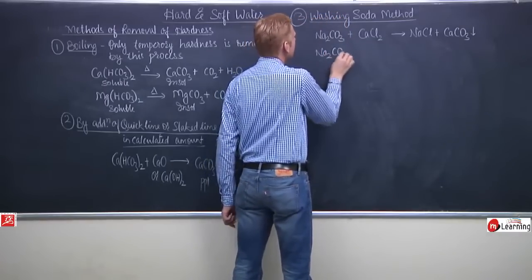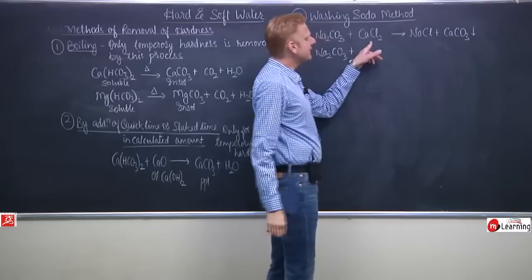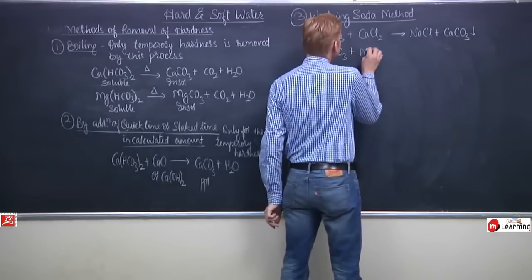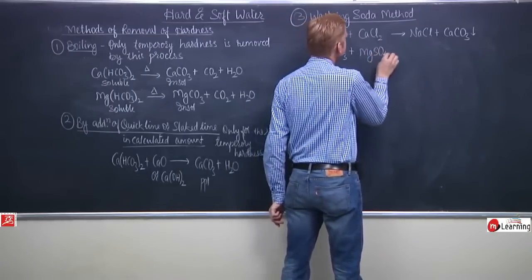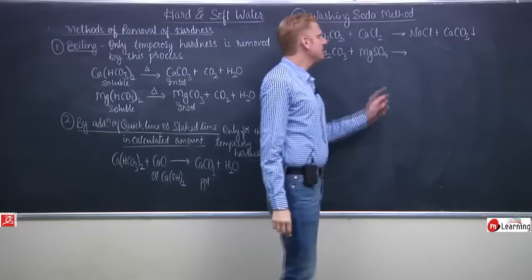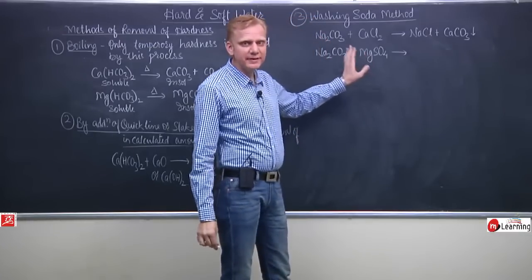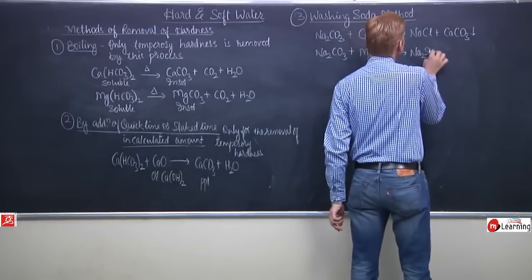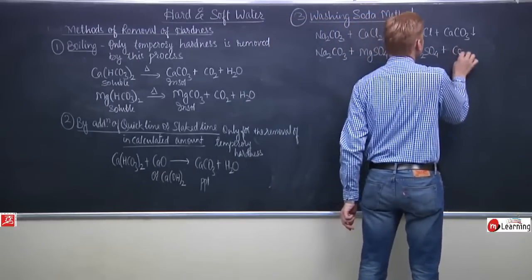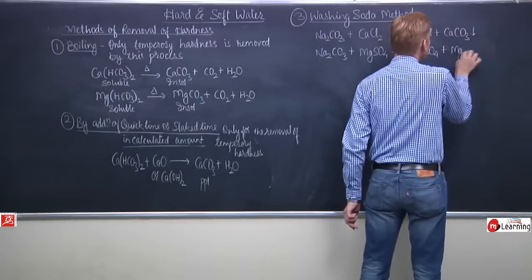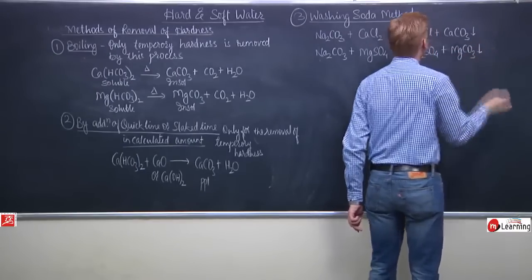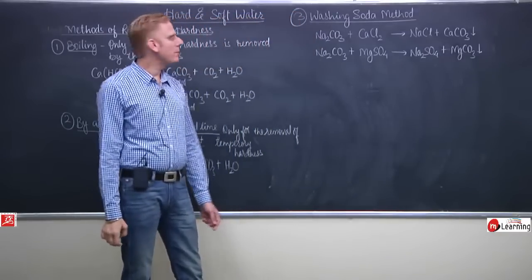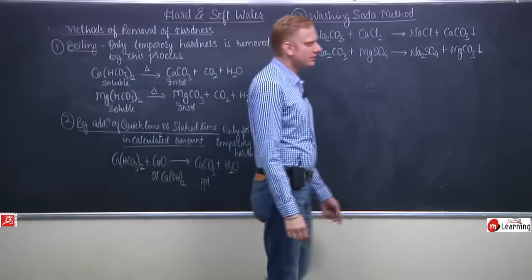I take one more case. A similar thing will happen with magnesium chloride also, right? Here I have taken magnesium sulfate. A similar reaction will take place with calcium sulfate also, right? So in this case the product is once again magnesium carbonate. So washing soda method is used to remove permanent hardness from water.